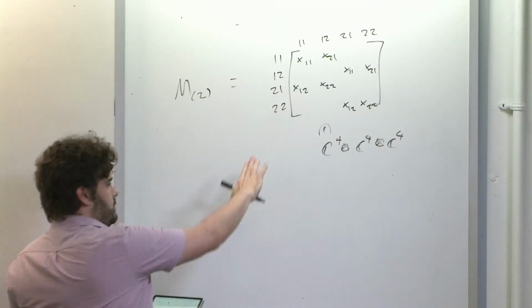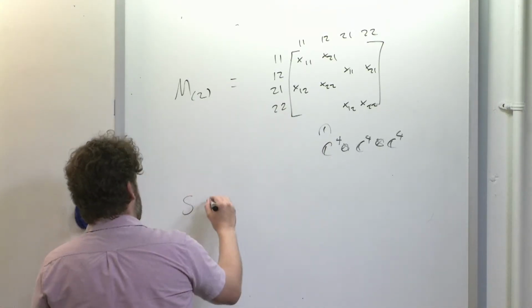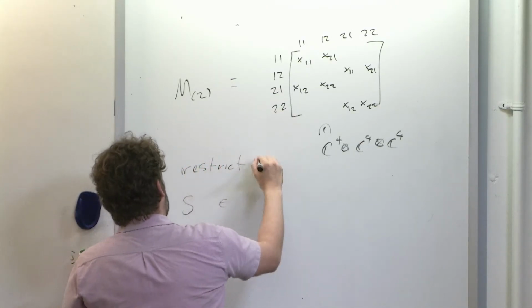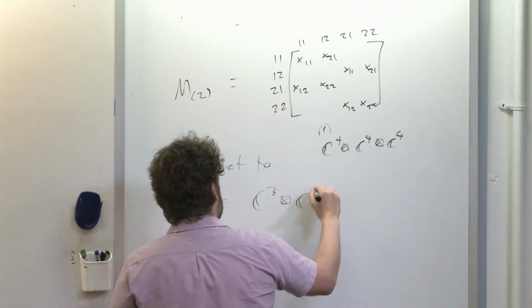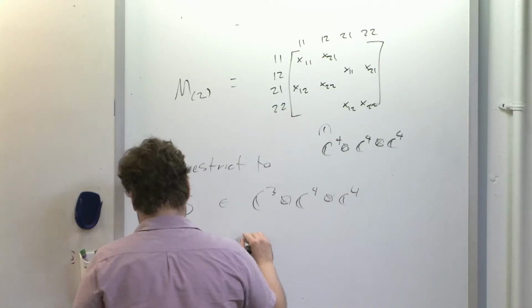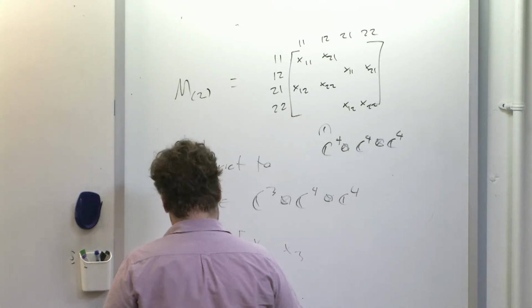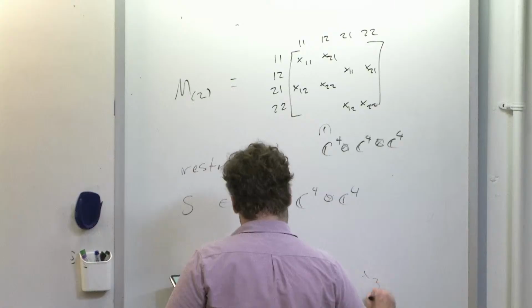I want to modify this slightly. I want to restrict this to a new tensor S in C3 tensor C4 tensor C4, where S is defined by x1, x3, x2, x1 plus x3.